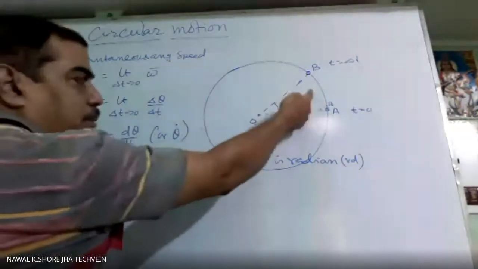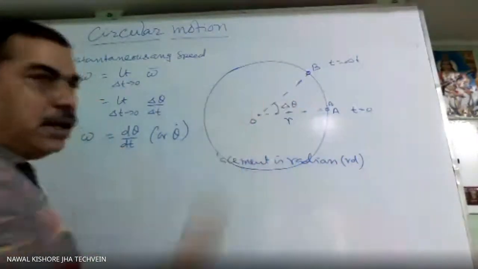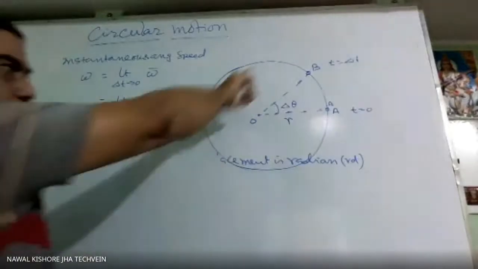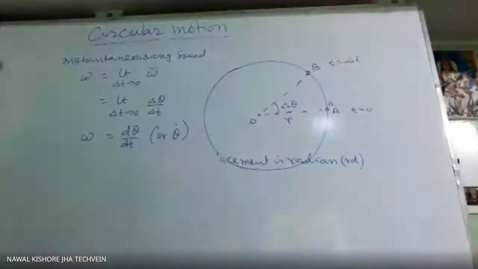If you are going from A to B, it would be outward. If you are coming from B to A, then the angular displacement is inward. Okay, so this is instantaneous angular speed.